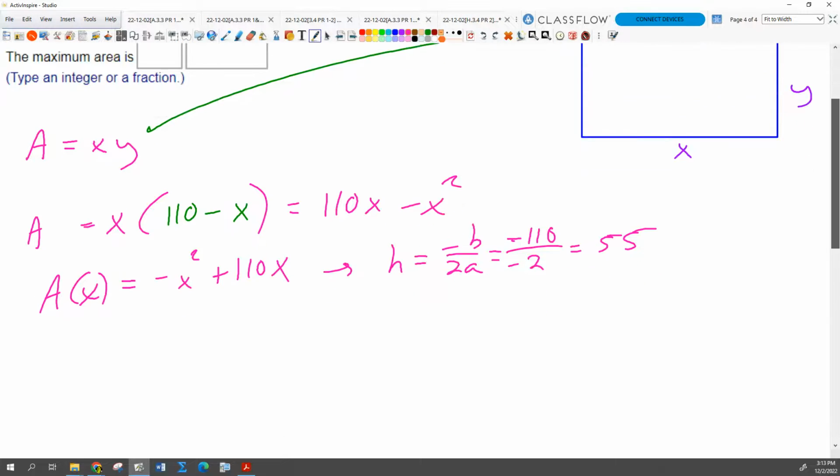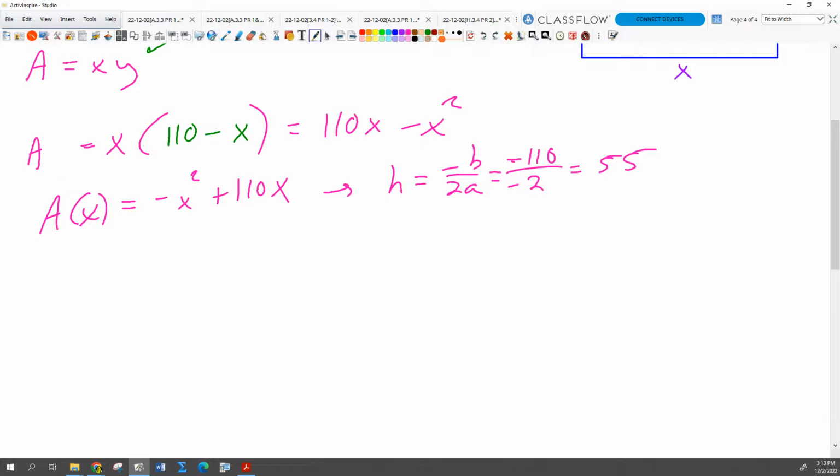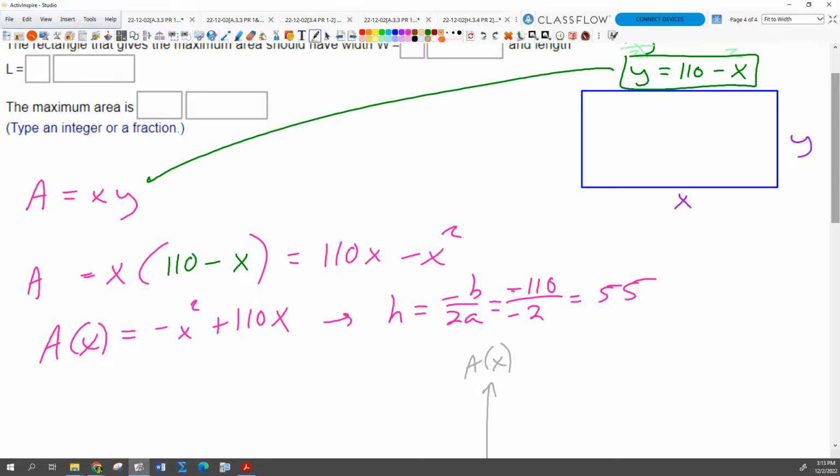So now if we were going to think about this in terms of a graph, we've got area as our output variable, x is our input variable. Is this parabola opening up or down? Down. A is negative, right? Okay.